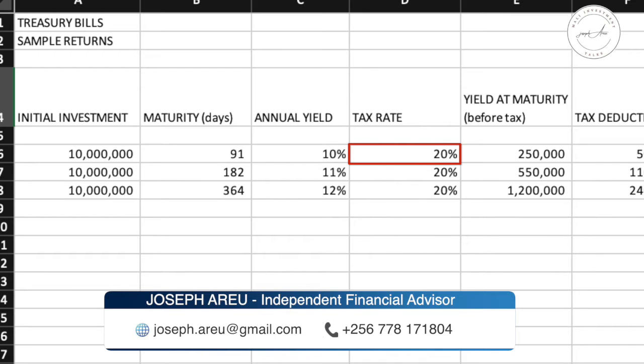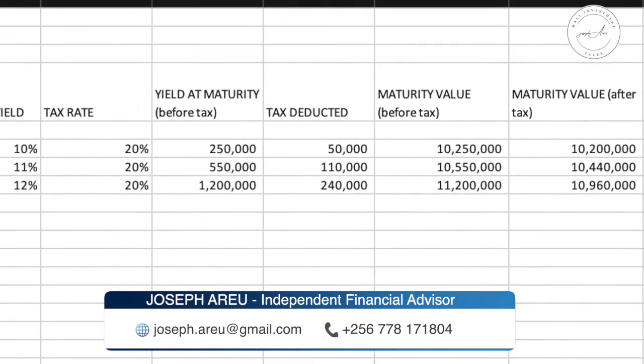So if you invest 10 million shillings today, after 3 months, the income you will have earned will come to 250,000 shillings. That's before tax.